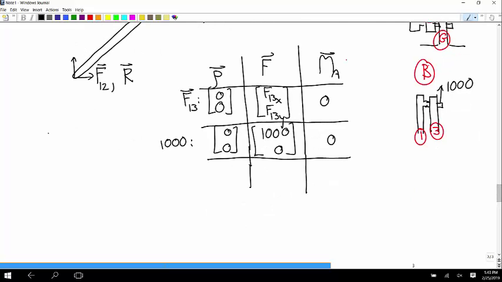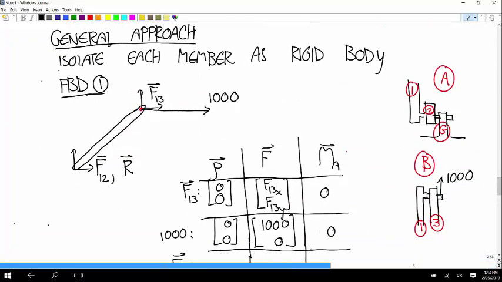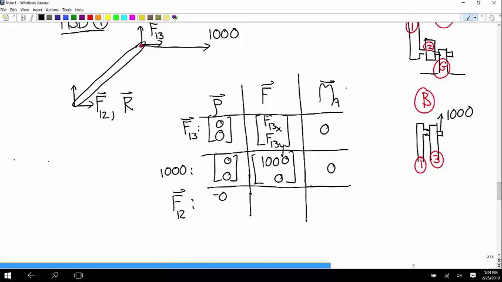And then the force F12, what's the row vector for that? Well, this angle is 60 degrees, and the length is 1, so this row vector is going to be negative 0.5, negative 0.866.